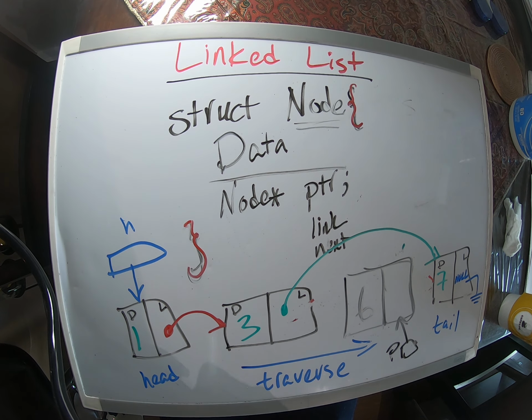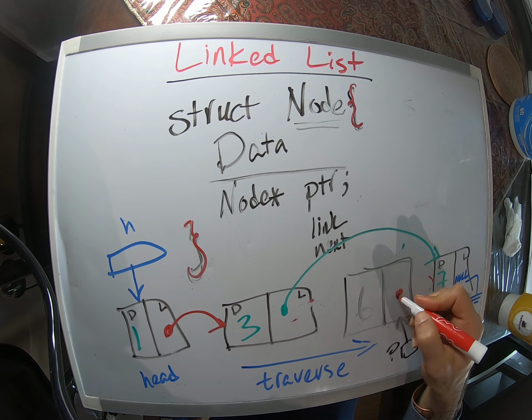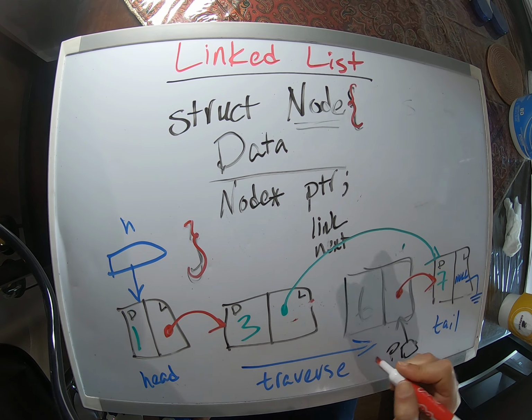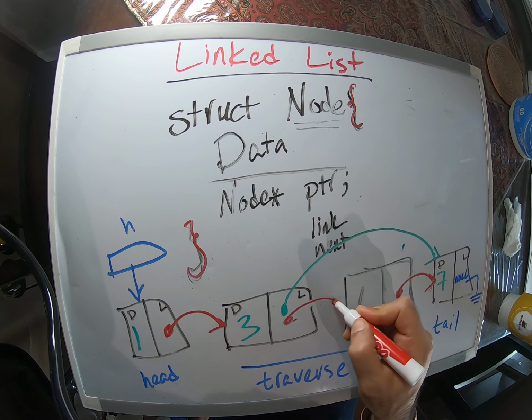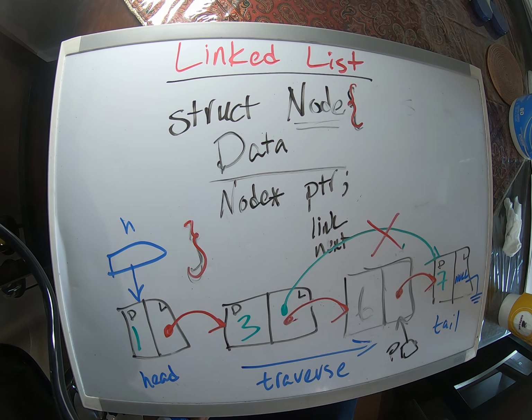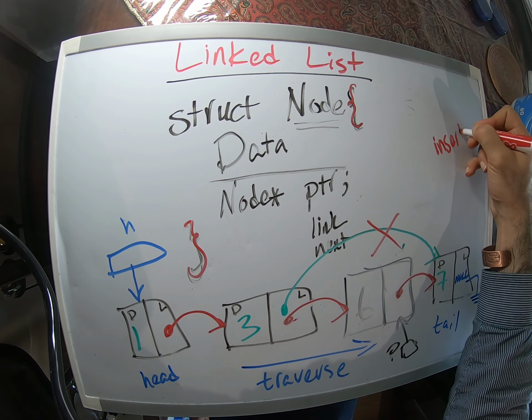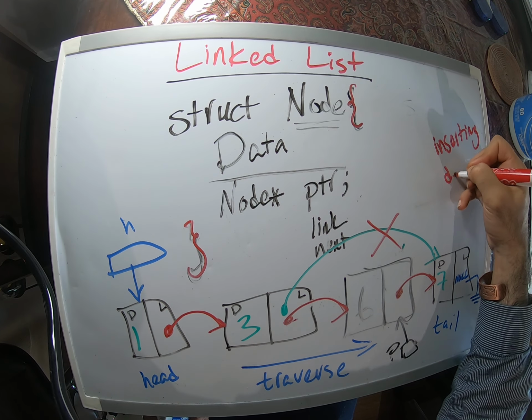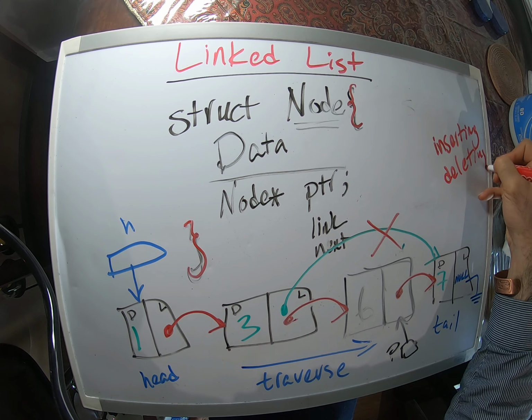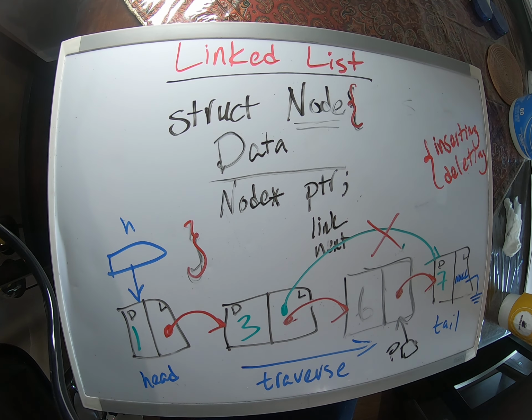And now what you have to do is make this pointer point to this one, and then make this pointer point to this one, and this link is going to be gone. So inserting and deleting becomes much easier in a linked list.